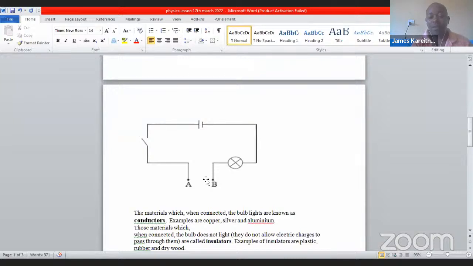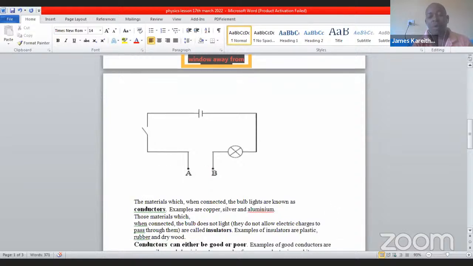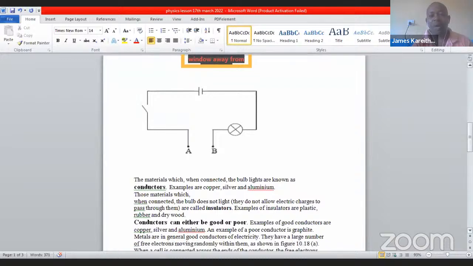Insulators are these materials which do not allow electric charges to pass through them because they do not have free electrons. And the best examples are plastic, rubber, and dry wood, and so on. Those three very important categories are very useful when you are differentiating between materials to be used as conductors and poor conductors. Now, yesterday, by the time we were winding up the class, I happened to ask a question here, and I was asking this.